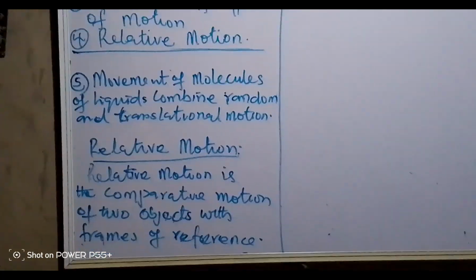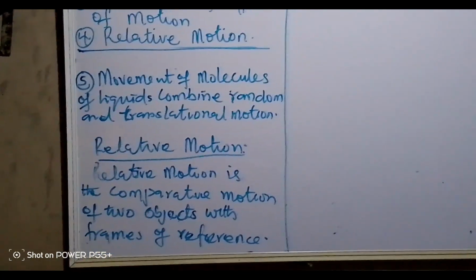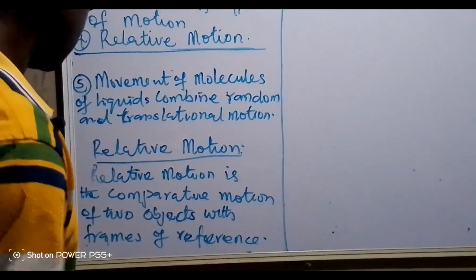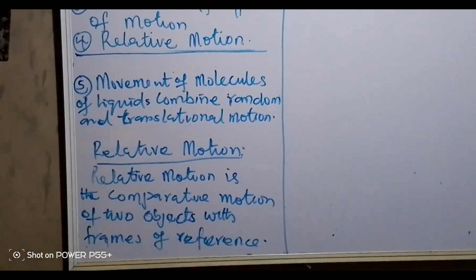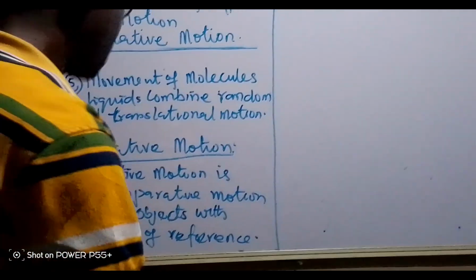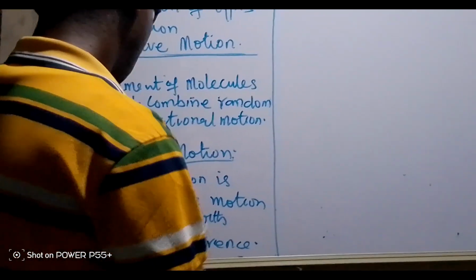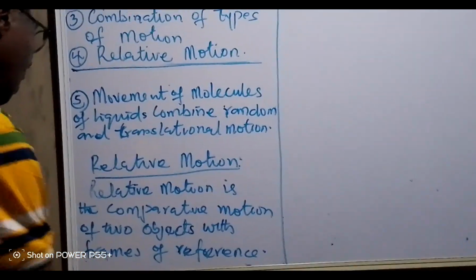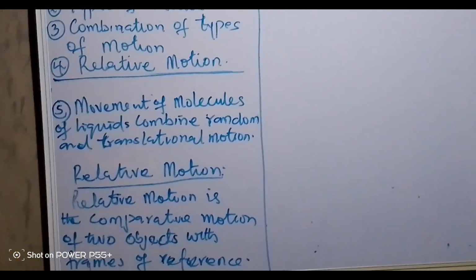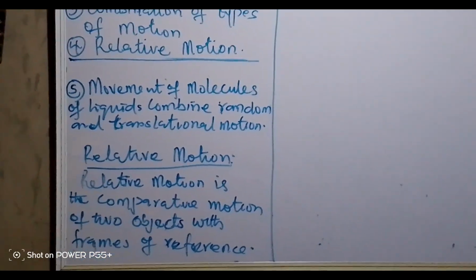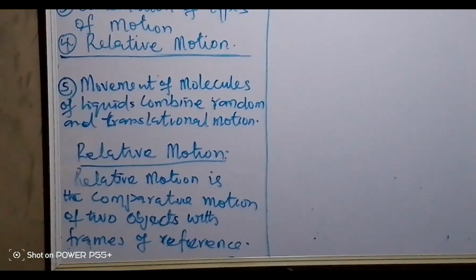That is, when you compare the motion of two objects with a frame of reference, or you observe the motion of an object relative to another object, either at rest or in motion, we call that relative motion. Examples of relative motion.